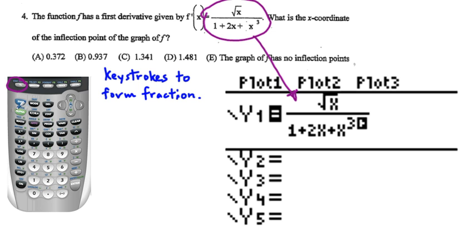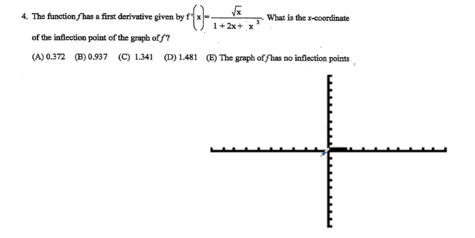Once you get in this mode where you have the functions listed y1 through y10, you press alpha and then the y equals key at the top, and then you press enter, and you can enter square root of x over 1 plus 2x plus x cubed, just like we have here. So we've entered that.